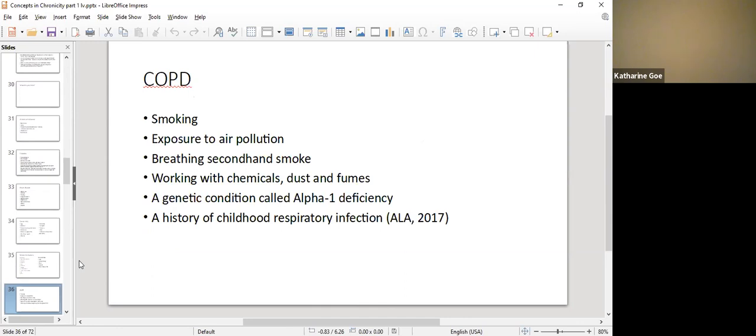COPD: smoking is a risk, as are air pollution, breathing secondhand smoke, and working with chemicals, dusts, and fumes. Also, a genetic condition called alpha-1 antitrypsin deficiency, and a history of childhood respiratory infections.